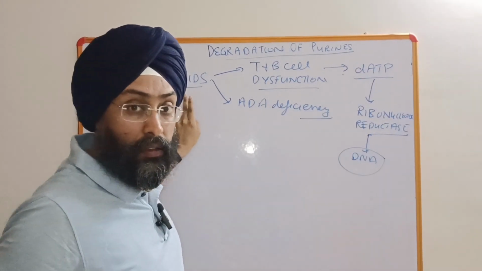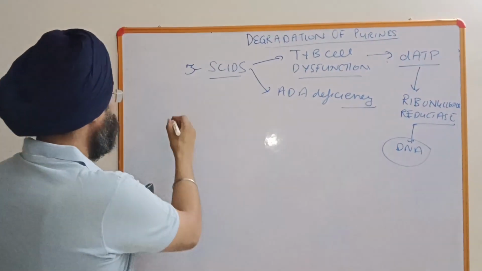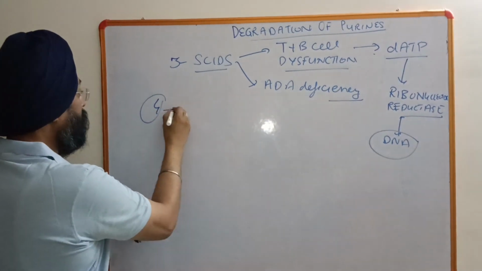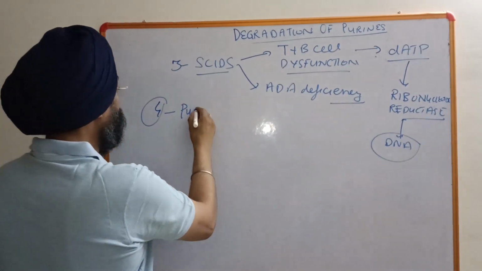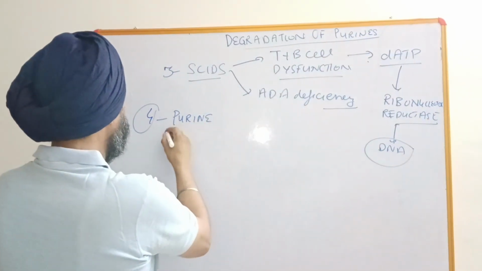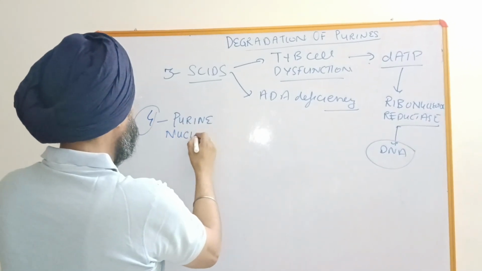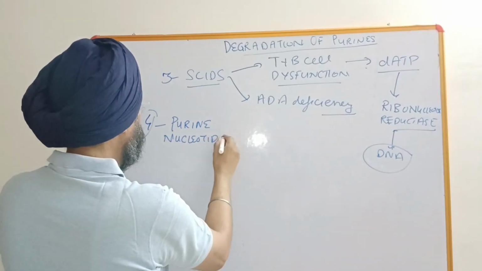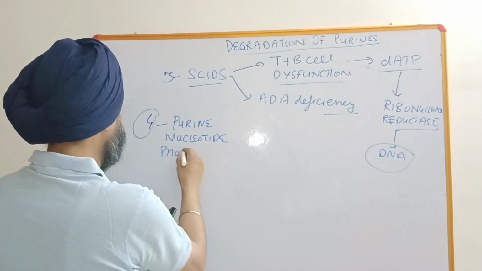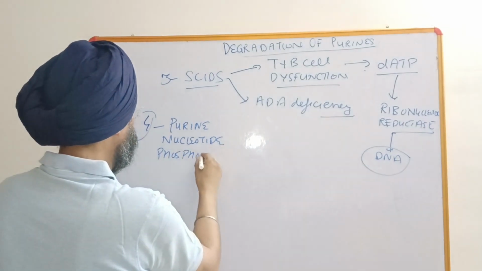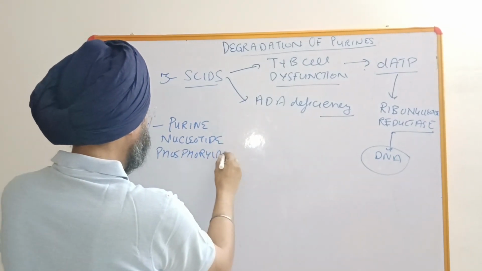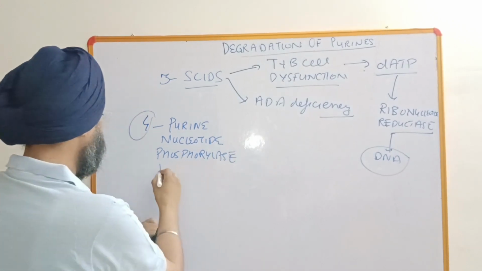and will finally manifest the symptoms of this disorder, right? Now we will start with the fourth disorder, that is purine nucleotide phosphorylase deficiency.